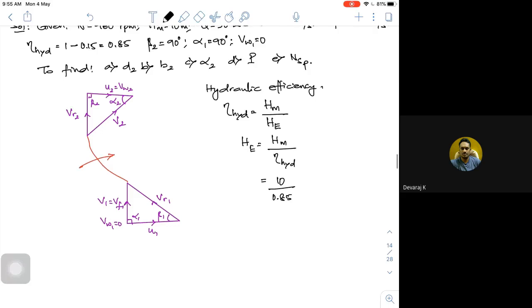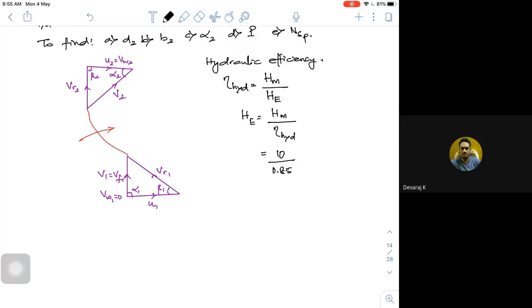So HE is equal to 10 by 0.85. Also, I already told that my HE is equal to Vw2 into U2 by g, and Vw2 is equal to U2.